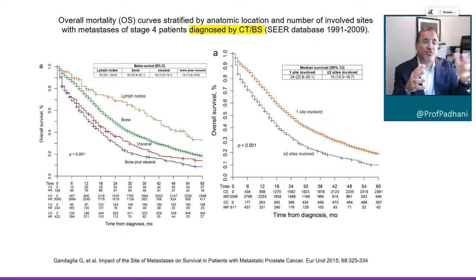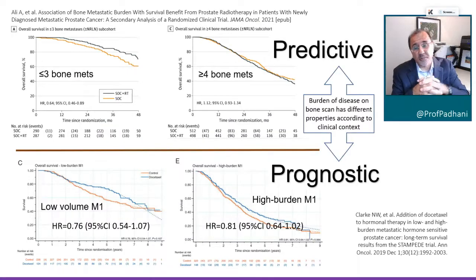So both of these graphs are showing you that the distribution of disease is prognostic and therefore will affect therapy choices. The distribution is also predictive.